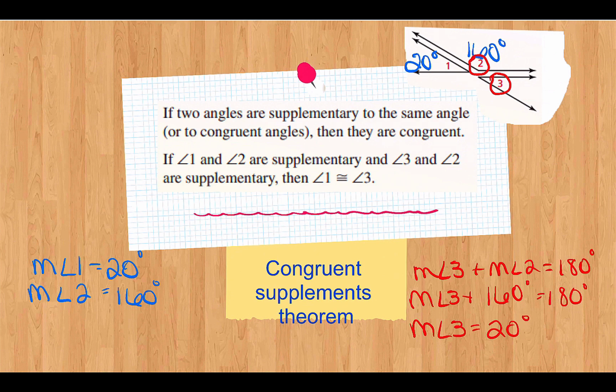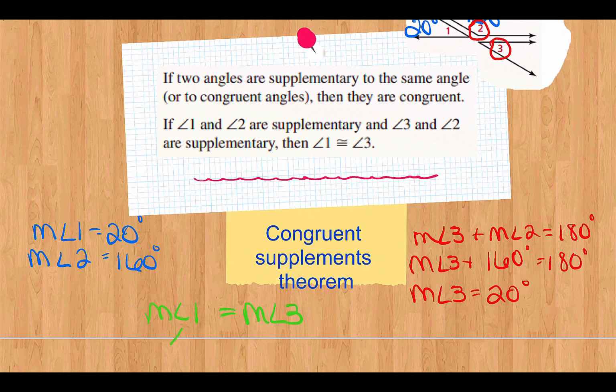So therefore, the measure of angle 1 is equal to the measure of angle 3. Therefore, angle 1 is congruent to angle 3.